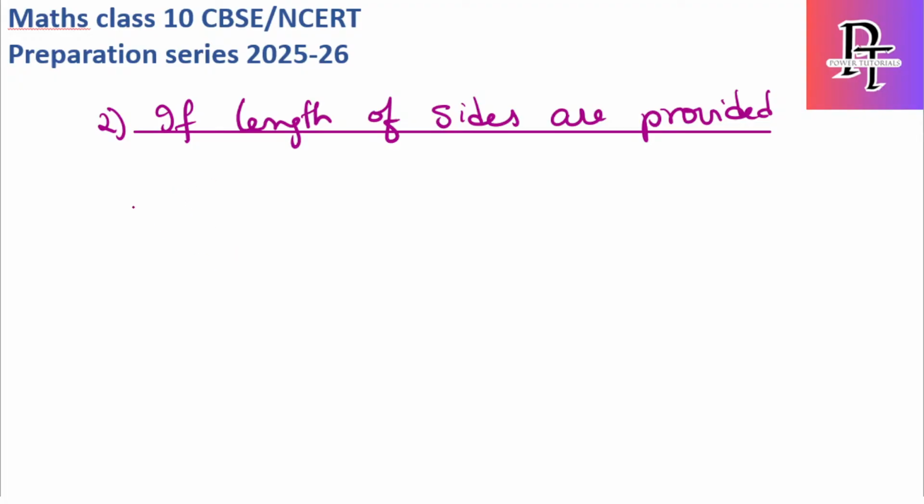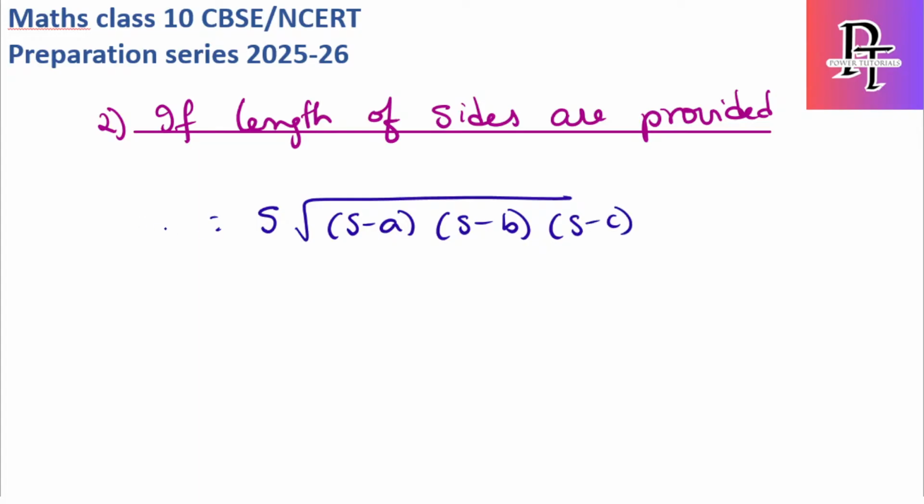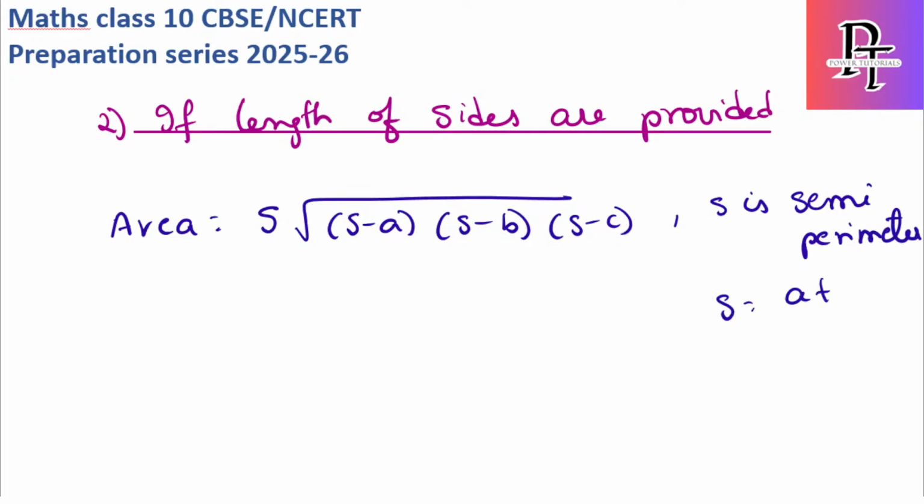First I will write the formula: S into root of S minus A into S minus B into S minus C, where S is the semi-perimeter. Semi means half of the perimeter. So S is equal to A plus B plus C by 2.